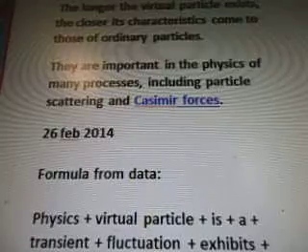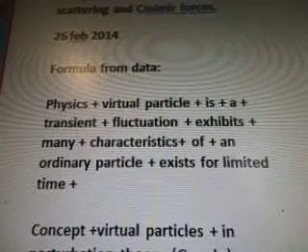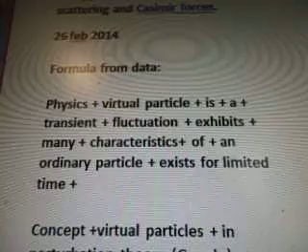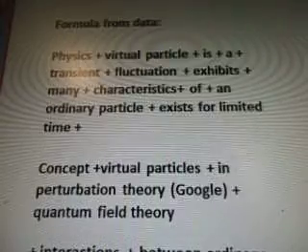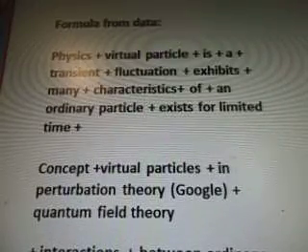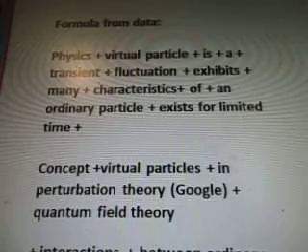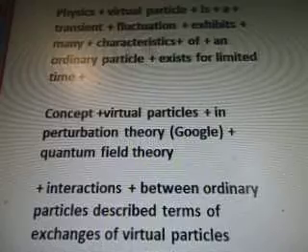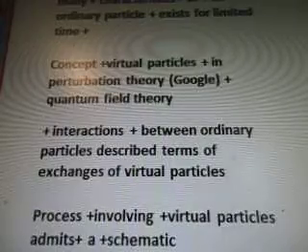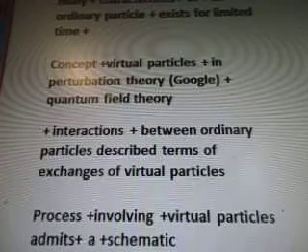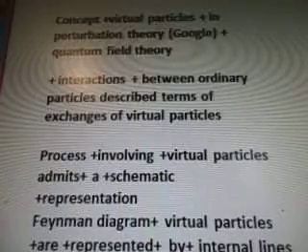So February 26, 2014, the formula from the data. So in physics, a virtual particle is a transient fluctuation, exhibits many characteristics of an ordinary particle, and exists for a limited time. The concept is virtual particles in perturbation theory. I'm going to Google that. And quantum field theory.